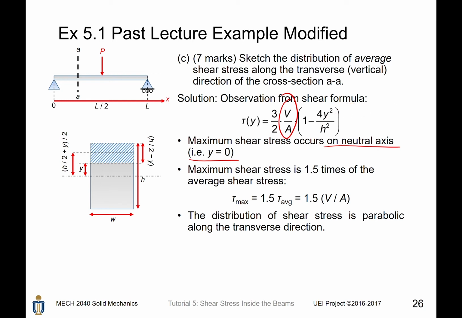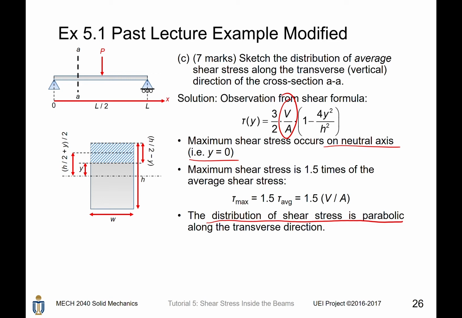The magnitude of the maximum shear stress is 1.5 times the average value, as we can observe from this formula. Also, since the shear stress in the transverse direction is a function of y, and we observe that y is quadratic, therefore we conclude that the distribution of the shear stress is parabolic along the transverse direction.